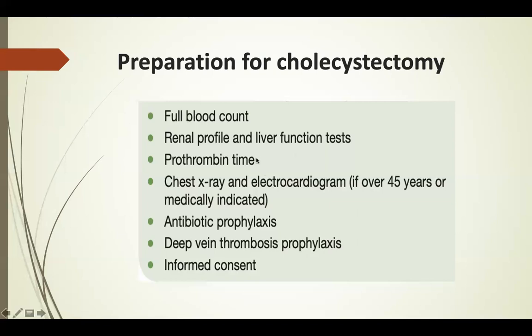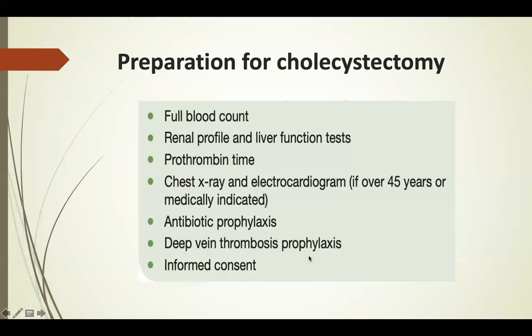Every patient does not need this test. X-ray chest and ECG are again for fitness. And antibiotic prophylaxis should be given to any patient before surgery, within 1 hour or within 6 hours of the booked surgery. You should give antibiotic.